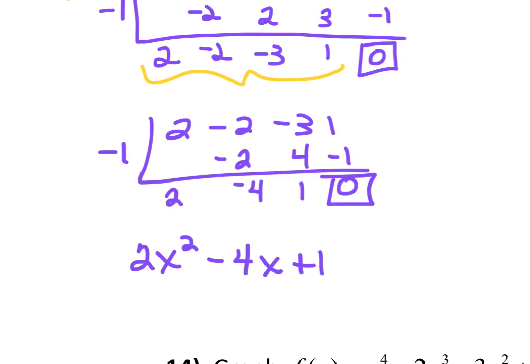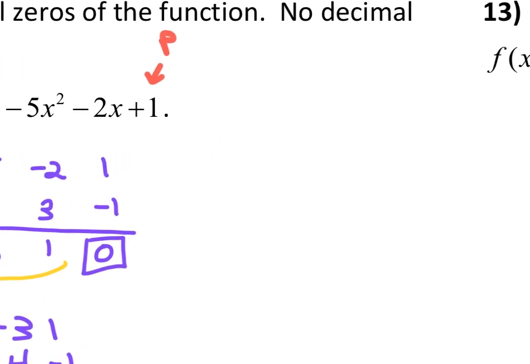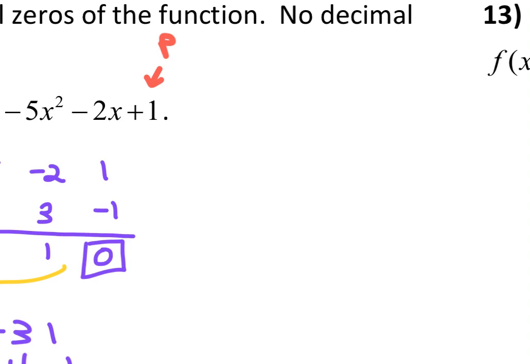If I multiply 2 times 1, the first coefficient times the constant term, there are no two numbers that multiply to +2 and add up to -4. That's not factorable. So I'm going to use the quadratic formula, where, let's write that again.